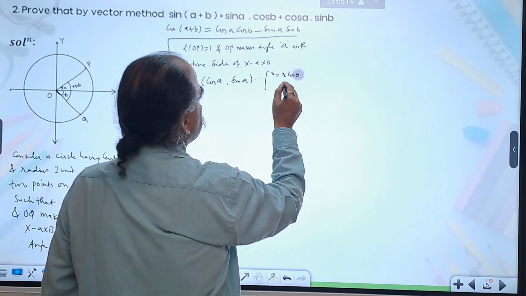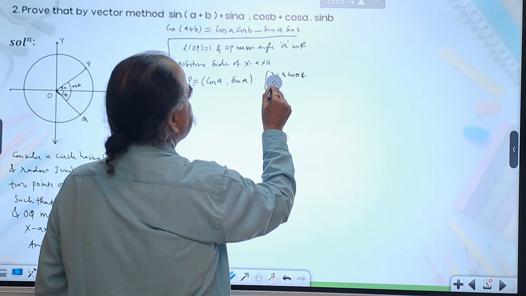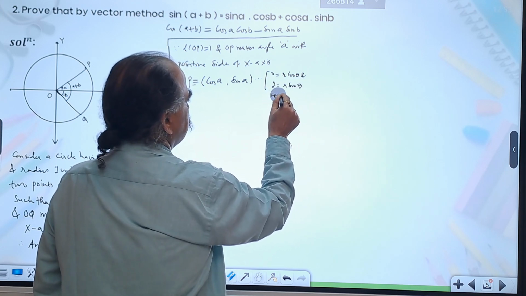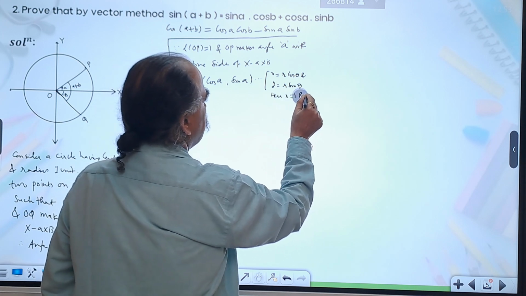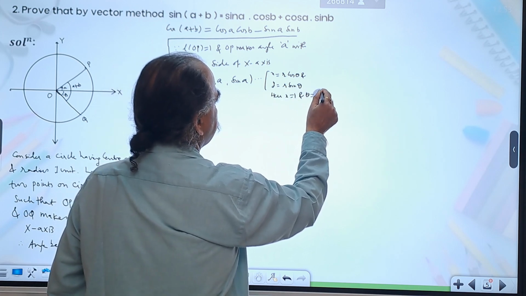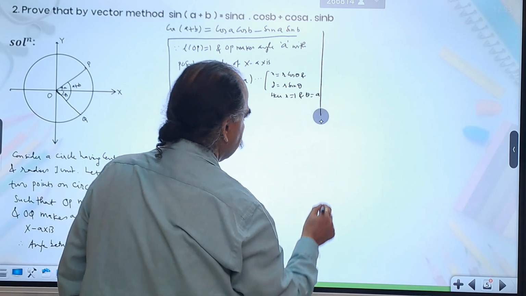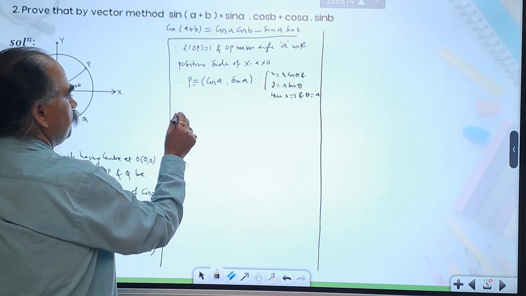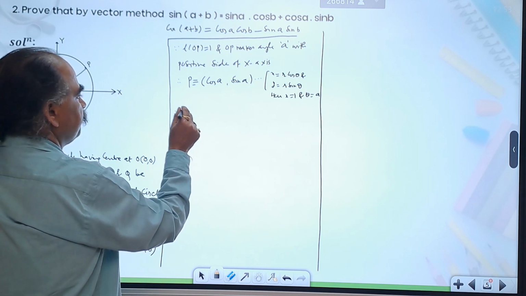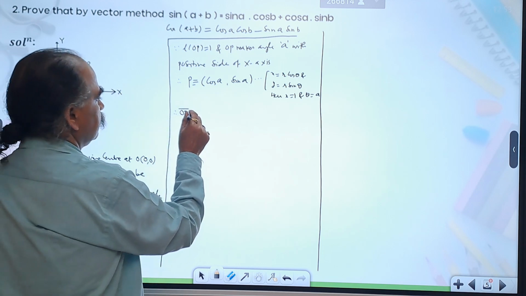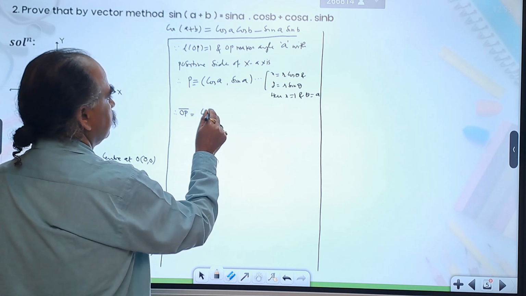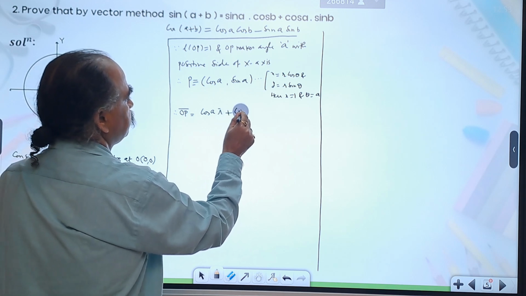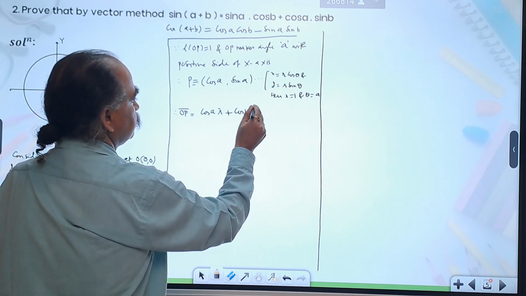R cos theta and y is what? R sin theta. Here R is what? 1 and theta is what? A. Therefore, position vector of point P with respect to origin is what? OP bar, which is cos A I bar plus sin A J bar.